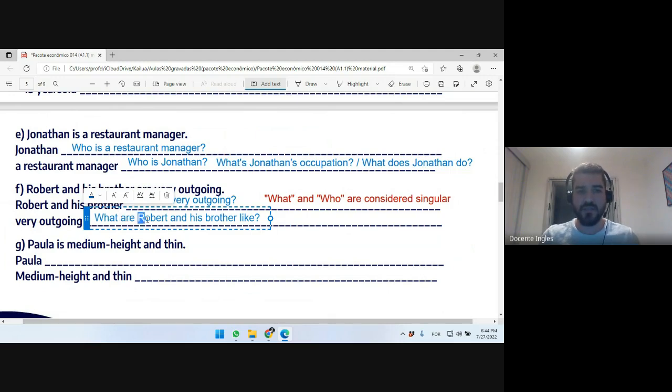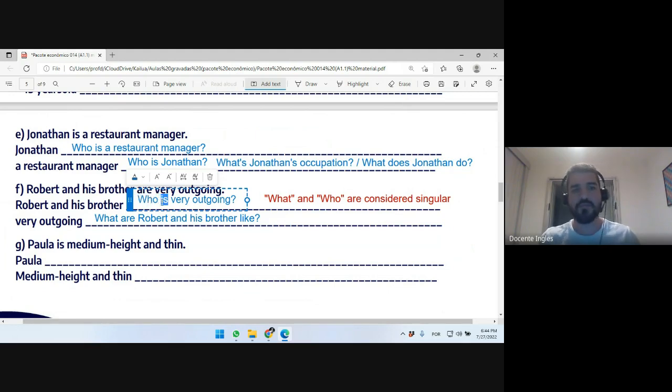It's connected to this part. So this part is plural, verb to be in the plural. In this case, verb to be is connected to who. So who is considered singular, verb to be in the singular.